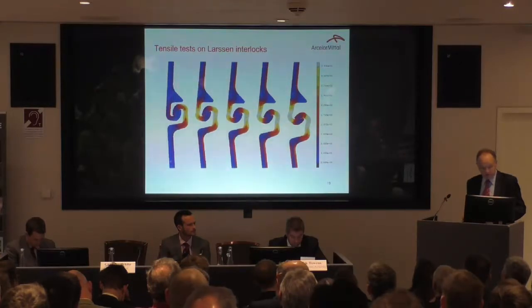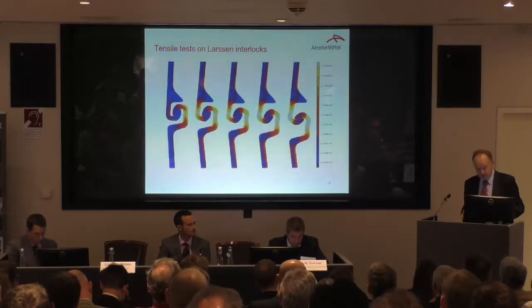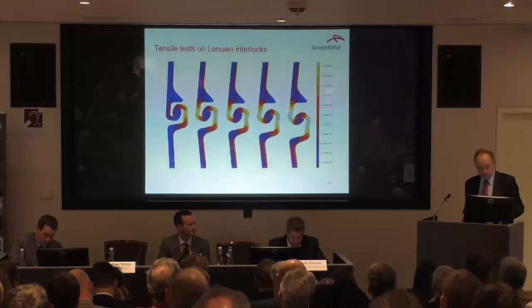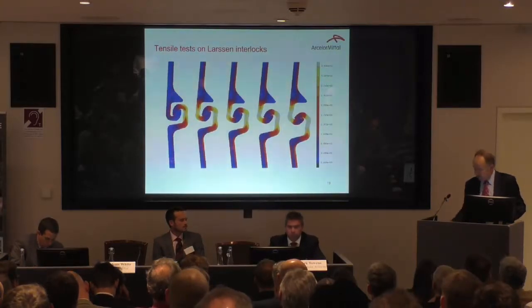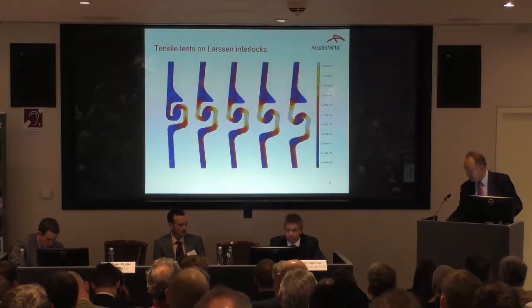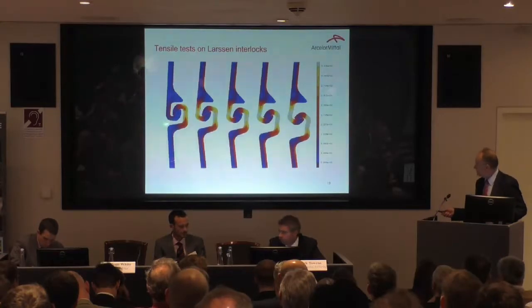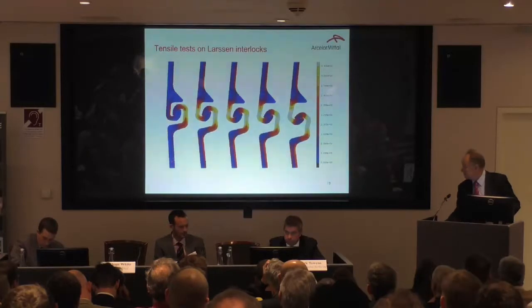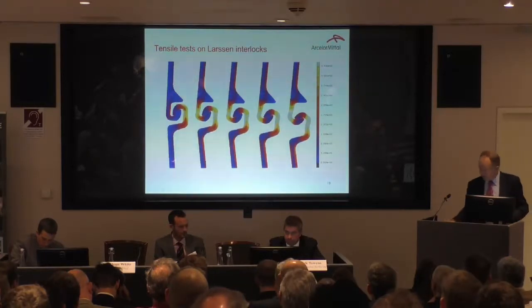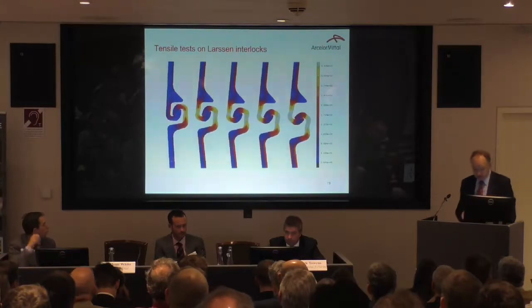So in the testing we normally do pull-out tests. This is an ongoing part of quality control, but by simply welding either side of the interlock you can reduce the stresses significantly. So it's a good technique to weld the top of the piles in the impact area.